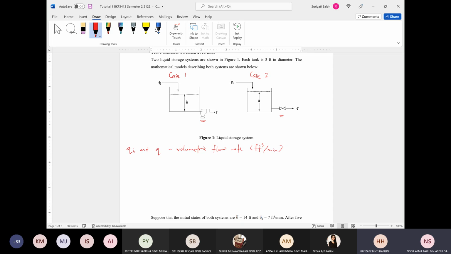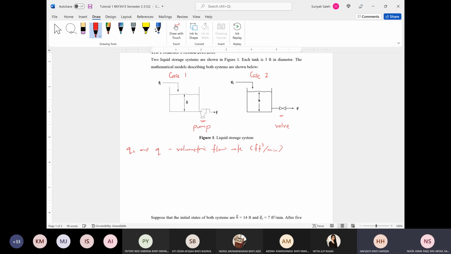This represents different equipment located at the exit flow rate, where in case 1, the symbol represents the pump, and the second case study represents the valve.